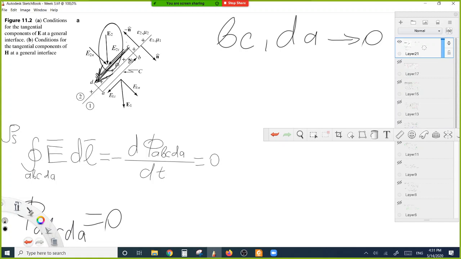The direction of integration is this, and our electric field E1 is opposite from it. This is the direction of our electric field intensity, and this is the direction of integration.